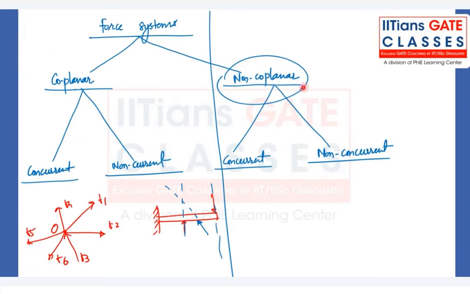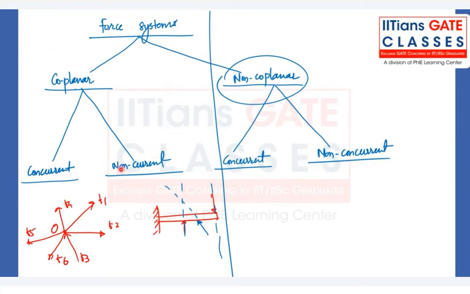We will not be studying any problems on this, but theoretically you should know, because for coplanar, you know, summation Fx, summation Fy, and summation of all the moments are zero, which are in the xy plane, meaning about the z axis.